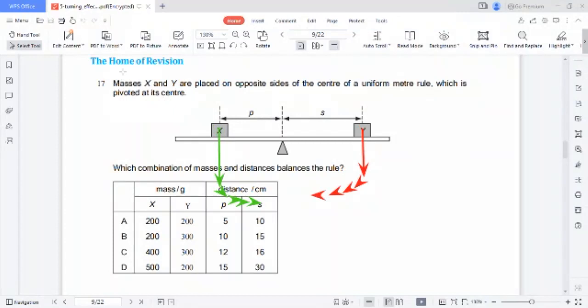So if it's balanced, then X is the weight, P is the distance. So X times P and Y times S would be the same. Let's check which one is correct.